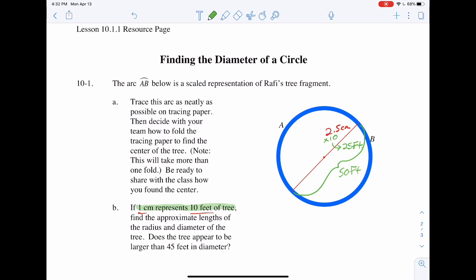It's 50 feet. And so to answer their question, yes, it is larger than 45 feet. It is 50 feet in diameter. That is a very large tree.